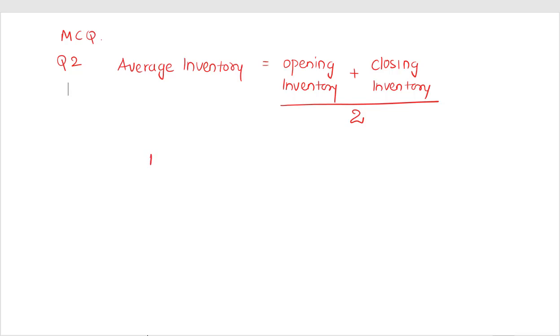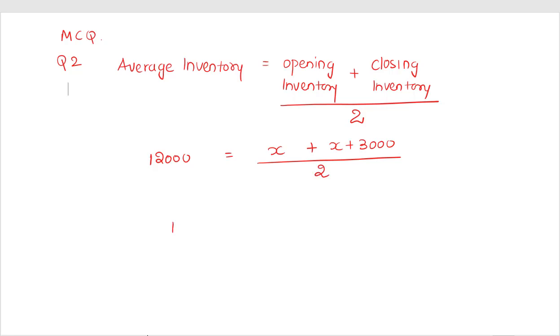Average inventory is given in the question, that is 12,000. Opening inventory is not given. Say for example, opening inventory is X, closing inventory is X plus 3,000, because it is 3,000 more than opening inventory, then divided by 2.